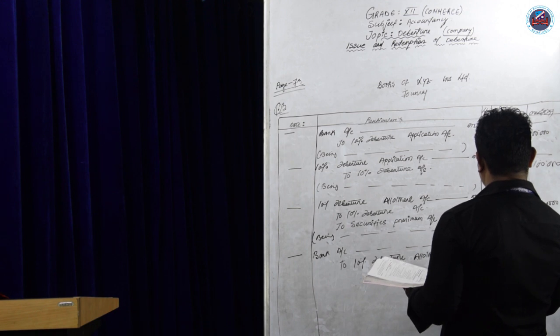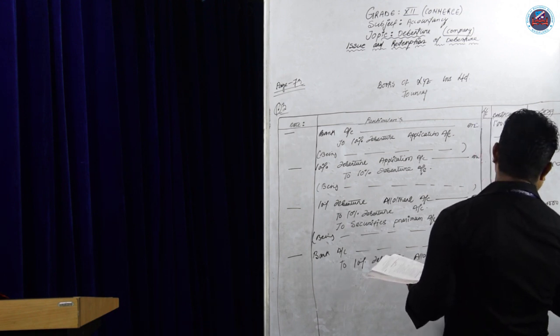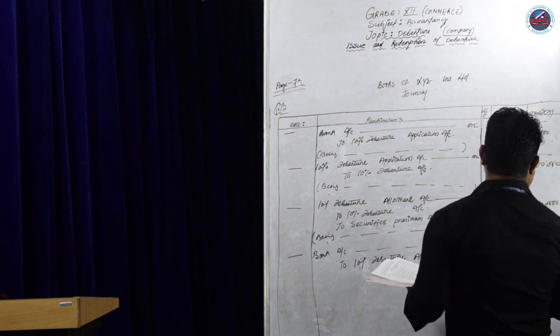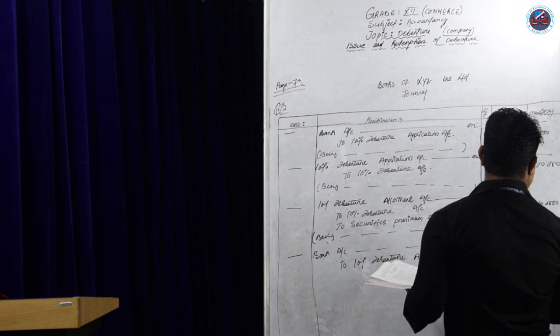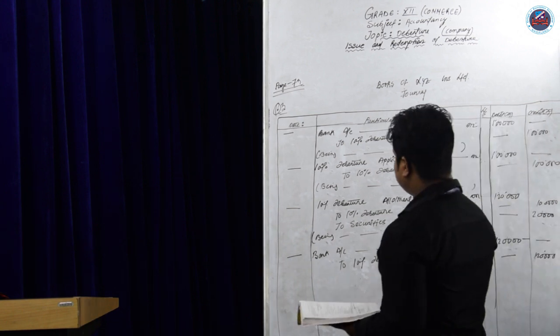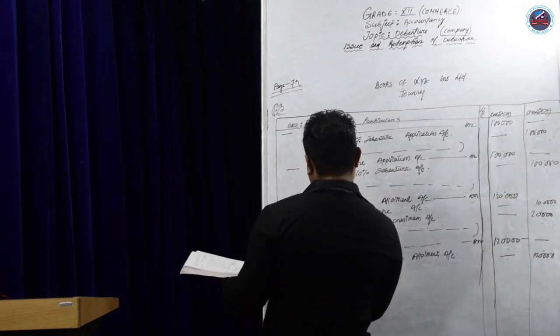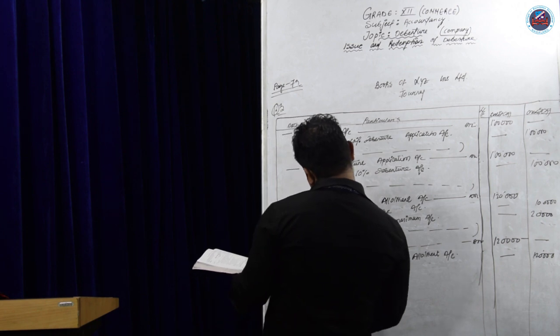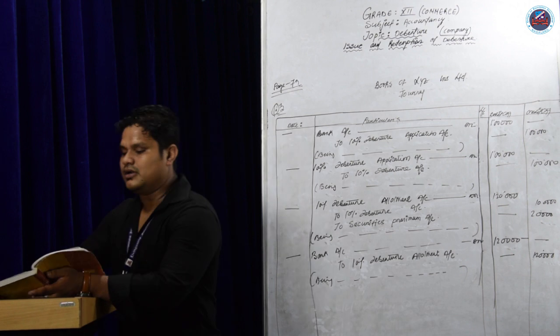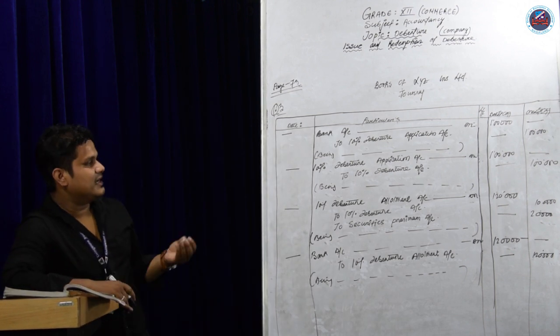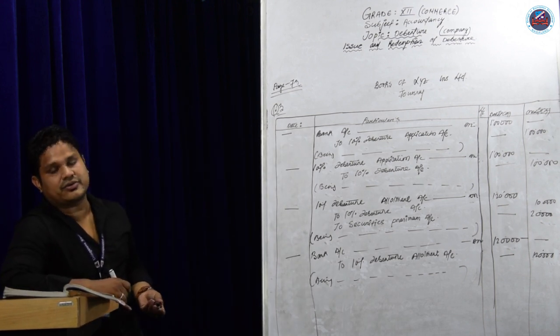Same, 1 lakh 20,000. Narration same, being the debenture allotment money is received. That is called the debenture allotment with securities premium.